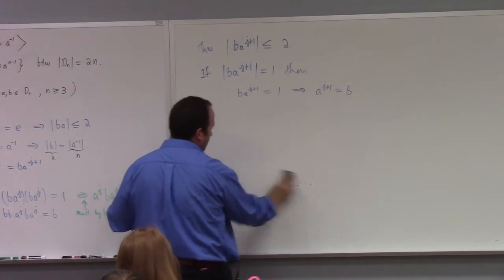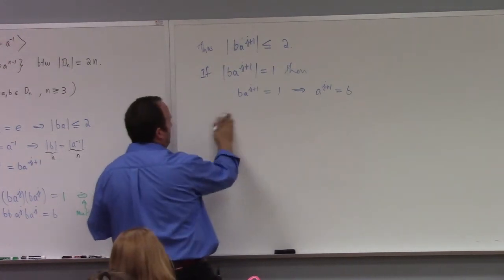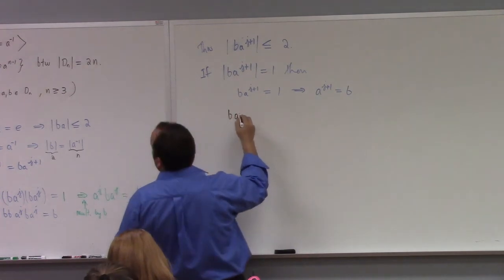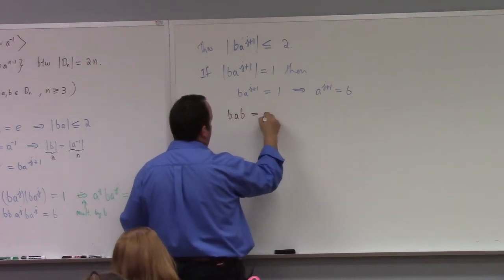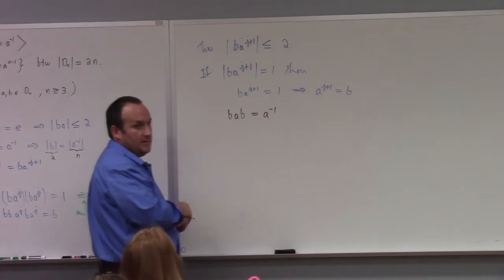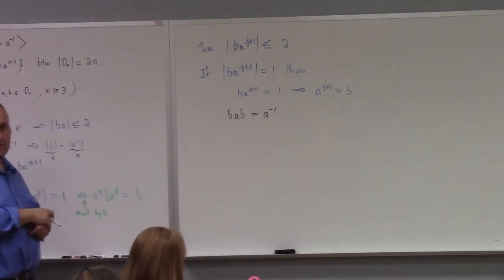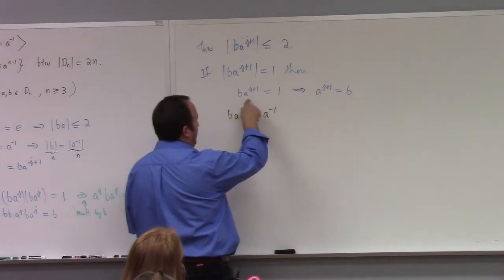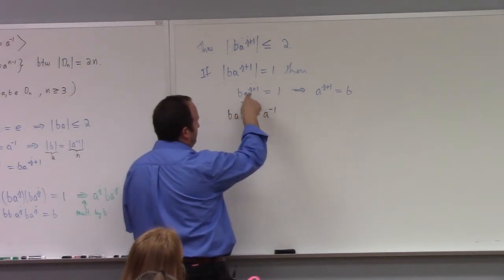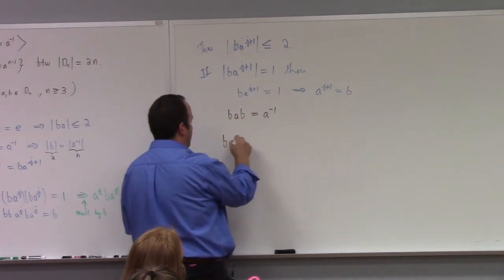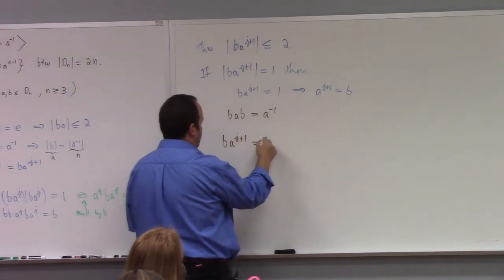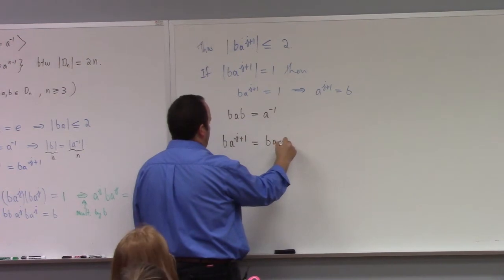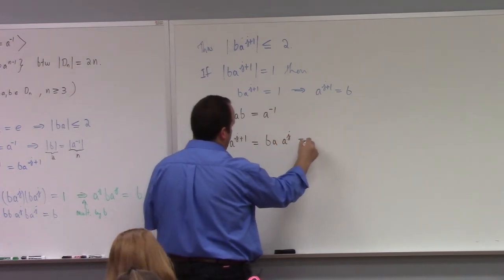How about the other relation, right? So we're supposed to have that b is equal to a inverse, right? So we ought to be able to get a contradiction from using that. So b a to the j plus 1 is equal to b a times a to the j, which is equal to 1, right?